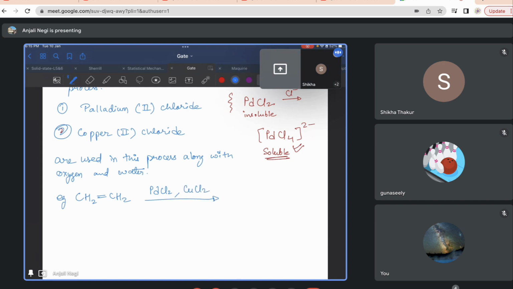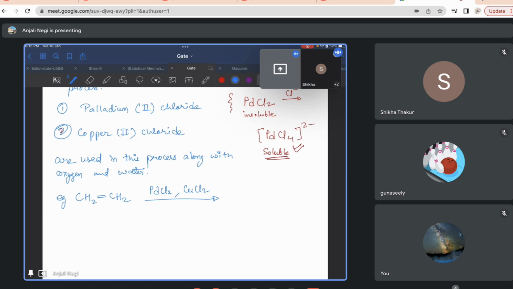Always note that PdCl2 is actually insoluble in water, and the actual catalyst is the PdCl4 2 negative, when the Cl negative adds up to it.